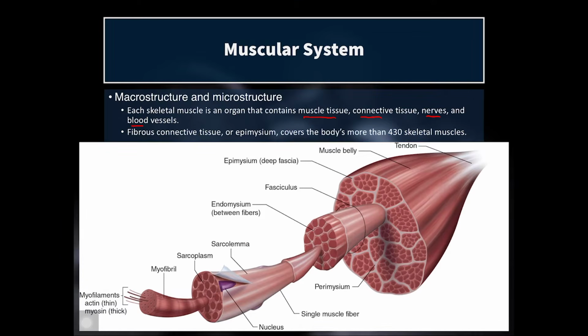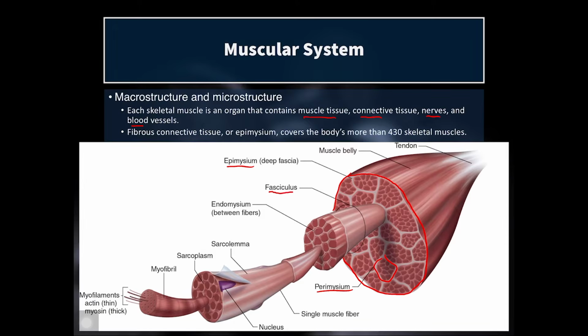Now, if we check out this diagram, we see three layers of connective tissue. The outermost layer is the epimysium, and that's going to run along the perimeter of this muscle. Deep to that, we have the perimysium running in between these individual muscle fascicles.